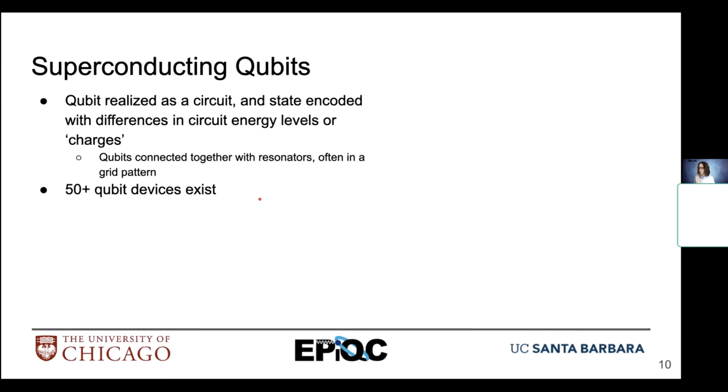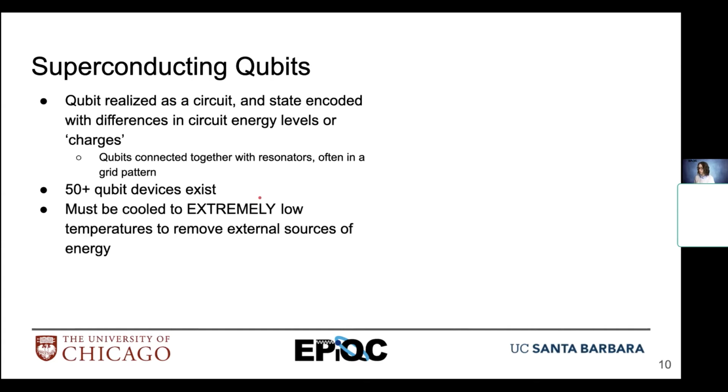In these superconducting devices, we have devices that have 50+ qubits. And these devices must be cooled to extremely low temperatures, cryogenic temperatures very close to 0 Kelvin, in order to remove any external sources of energy. One of the cool little facts is that these quantum computers are housed oftentimes in giant refrigerators that keep them super cooled.